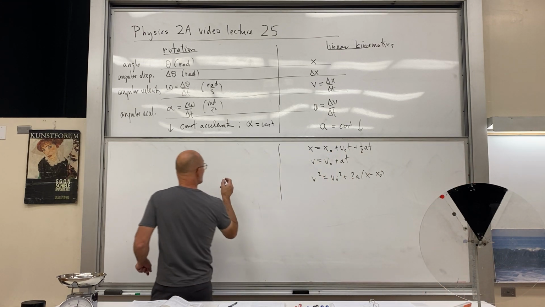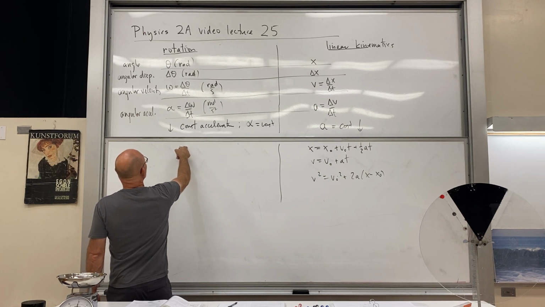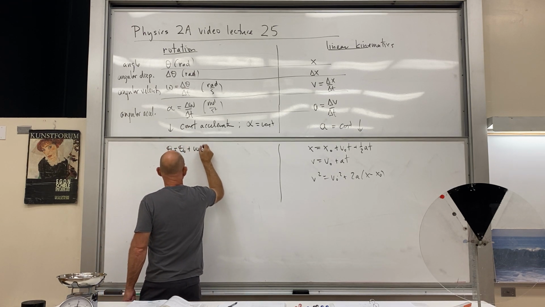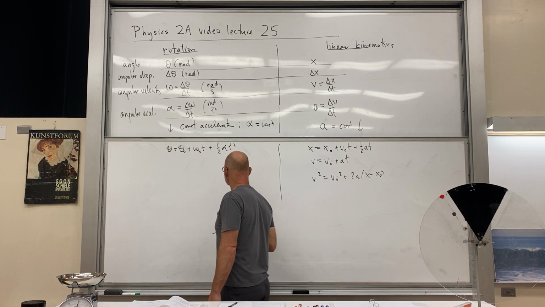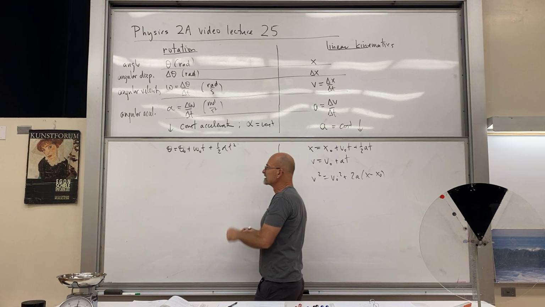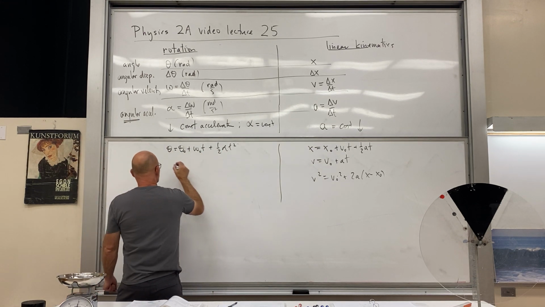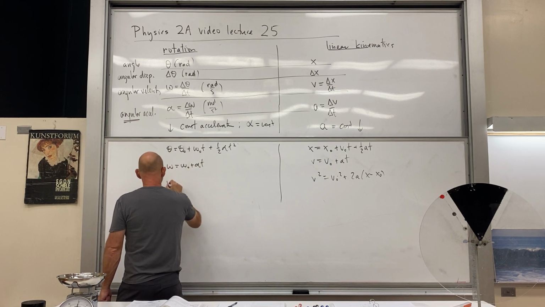Yes, we can do that. So we have for our rotational kinematics, theta equals theta 0 plus omega 0 t plus a half alpha t squared. So that's constant angular acceleration. And then we have omega equals omega 0 plus alpha times t.